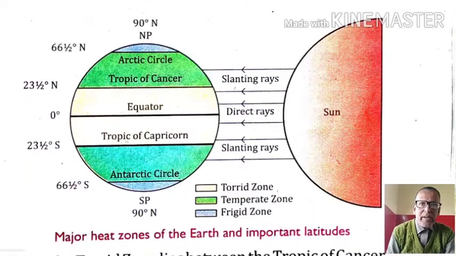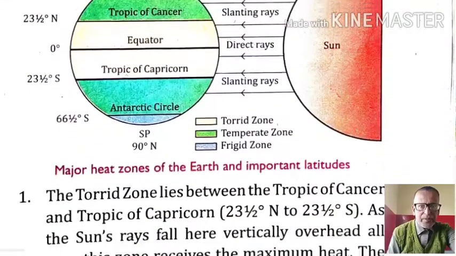Again from 23.5 degree to 66.5 degree in both the hemispheres, it is called temperate zone. And again from 66.5 degree to 90 degree in both the hemispheres, it is called frigid zone. So three heat zones are there, and these are based on the important latitudes.